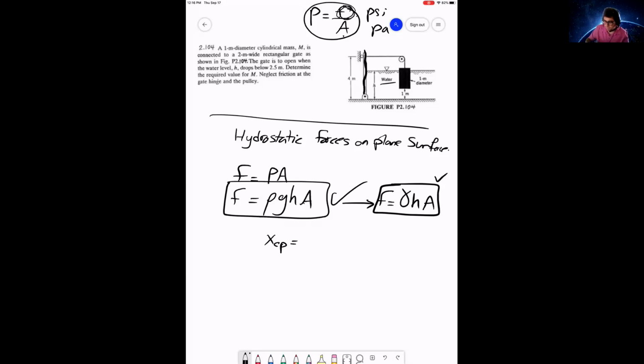XCP, here's the formula. Remember moment of inertia, this one, Ixx? This one should be Ixy, not Ixx.